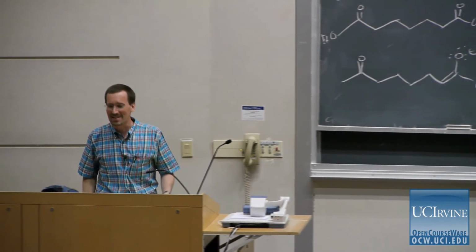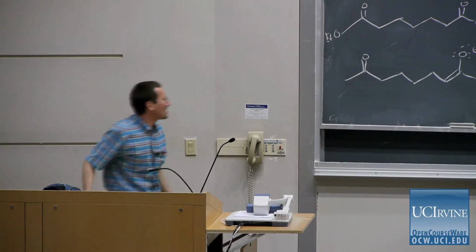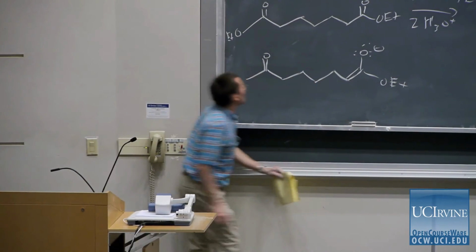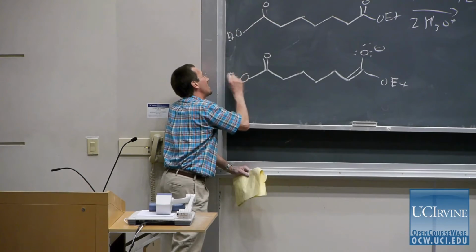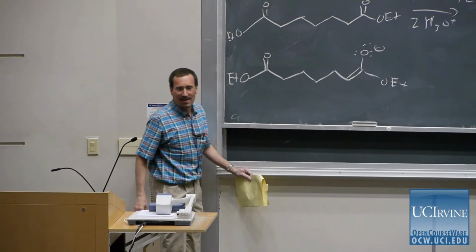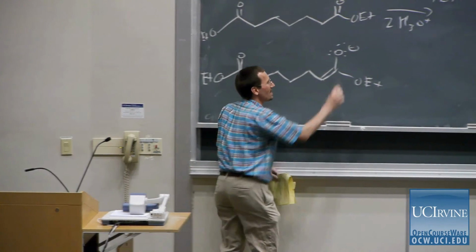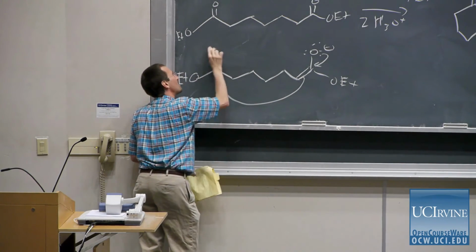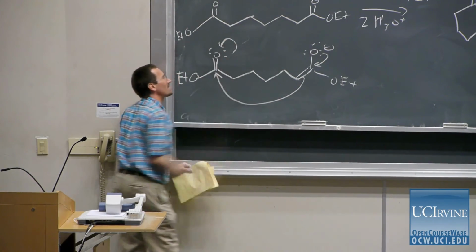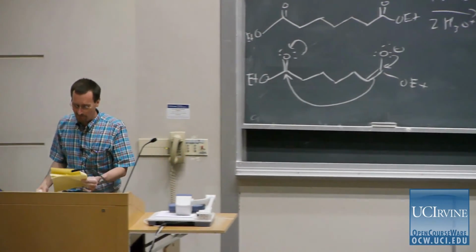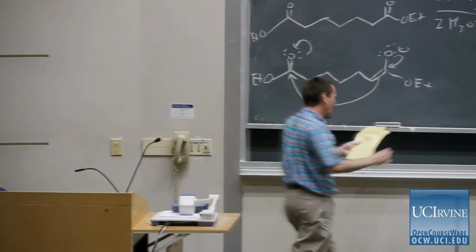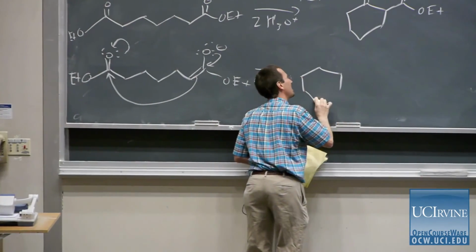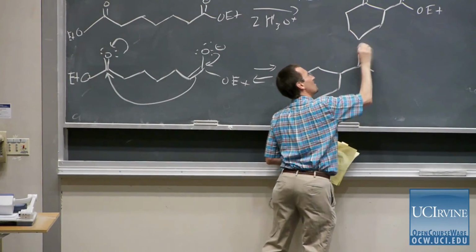We generate a teeny, itsy bitsy bit of enolate. Our enolate can react intramolecularly. We push our arrows up onto the oxygen, forms a 6-membered ring. Our tetrahedral intermediate is a 6-membered ring.